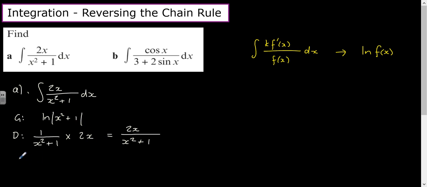Then we make any adjustments, and we can see that 2x over x squared plus 1 is exactly what we were after in the first place, so there are no adjustments in this case. So our integral is just natural log of x squared plus 1, not forgetting our plus c.